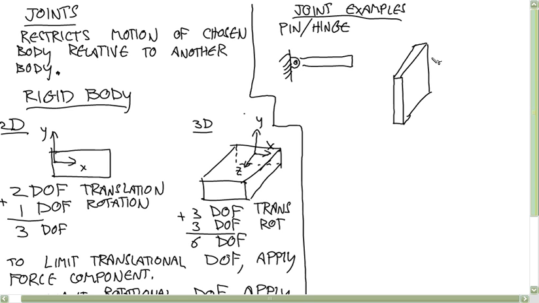So there's one body, and then there's the other one. Okay, so that's a hinge, and you could use that in a 3-dimensional problem.